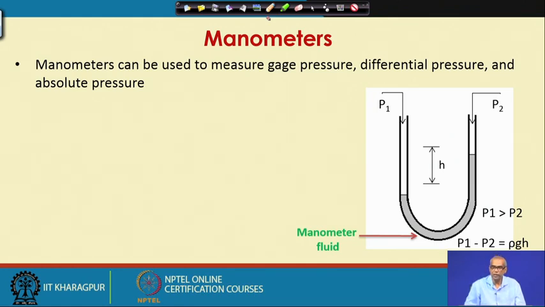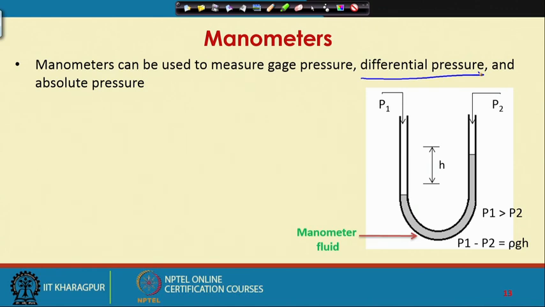If both the limbs are connected to two different pressure sources such as P1 and P2, this is measuring differential pressure. If one limb is open to atmosphere and another limb is connected to the pressure source, I am measuring gauge pressure.